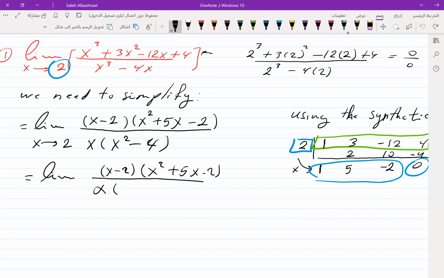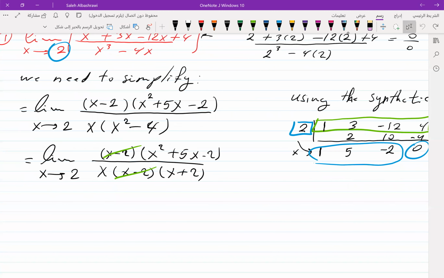Now down, I have x squared minus 4, which is a difference between two squares. We can write it as x minus 2 multiplied by x plus 2 as x goes to the number 2. Now you can say I have a common factor. x minus 2 will cancel x minus 2.